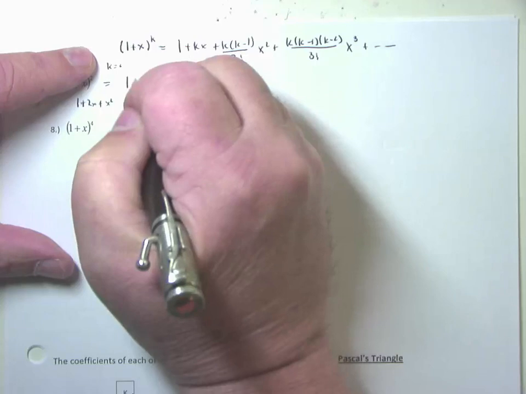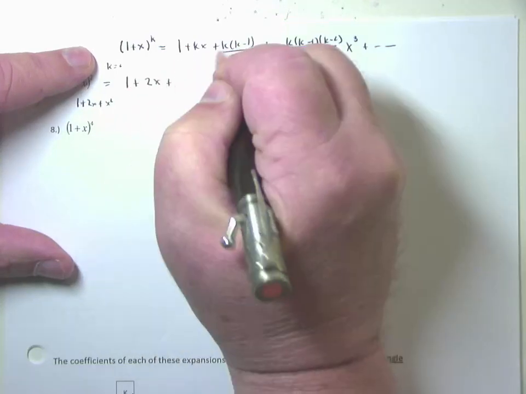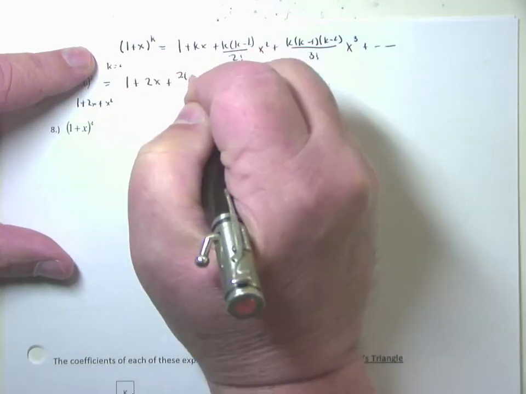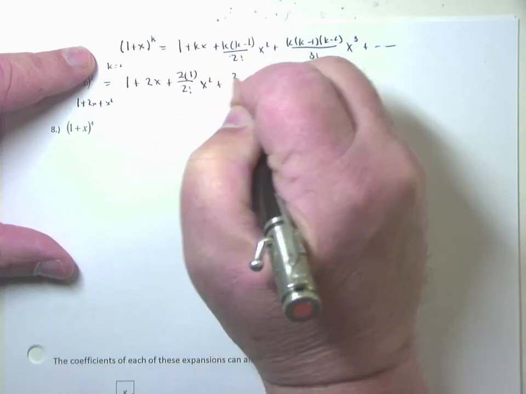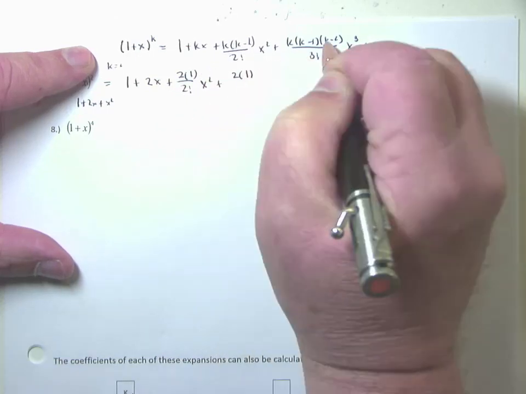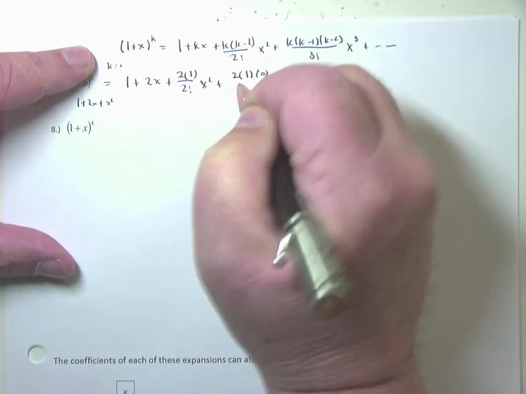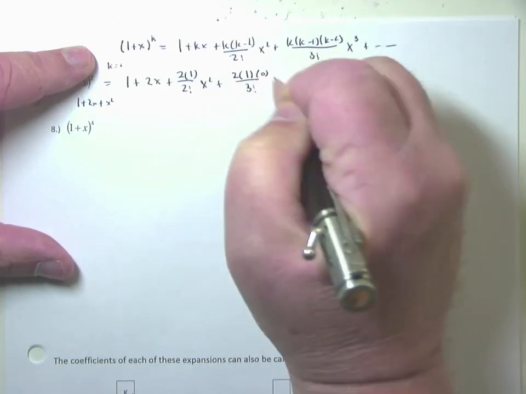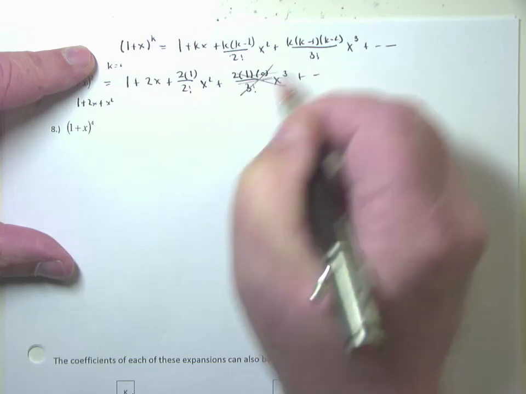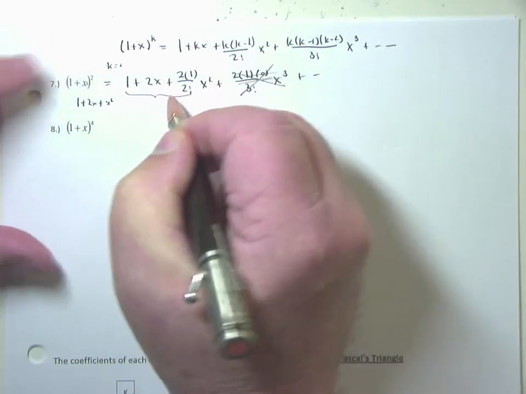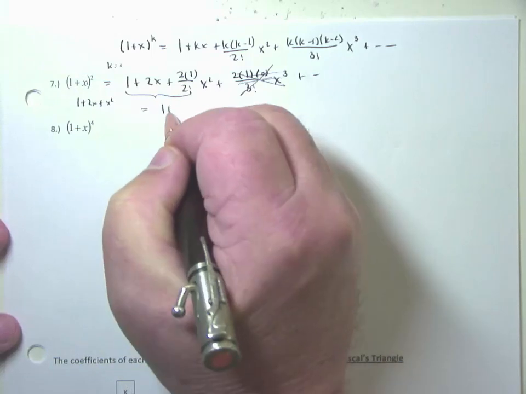That'll be 1 + 2x + 2 times (2 - 1), which is 1, over 2 factorial times x squared, plus 2 times 1 times (2 - 2), which is 0, over 3 factorial x cubed. And once you get the 0 in there, this term completely goes away, and you're left with 1 + 2x.